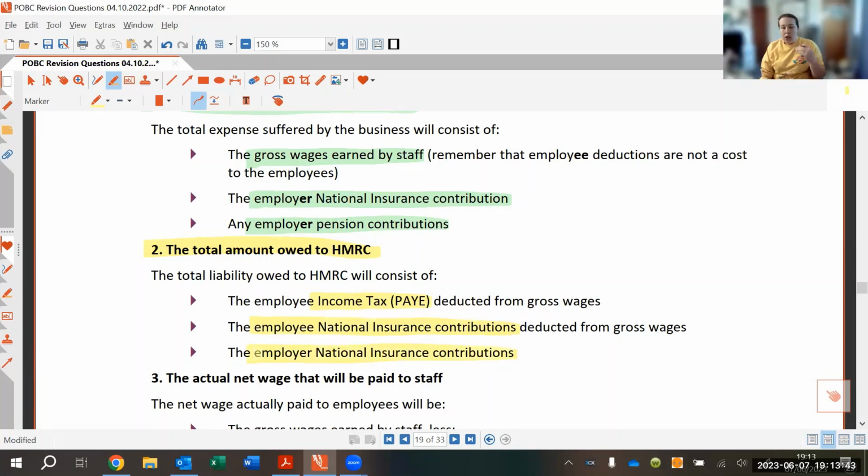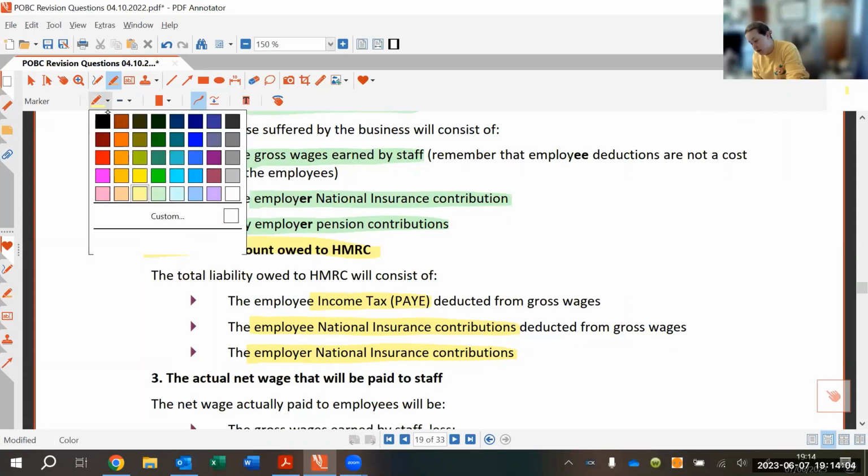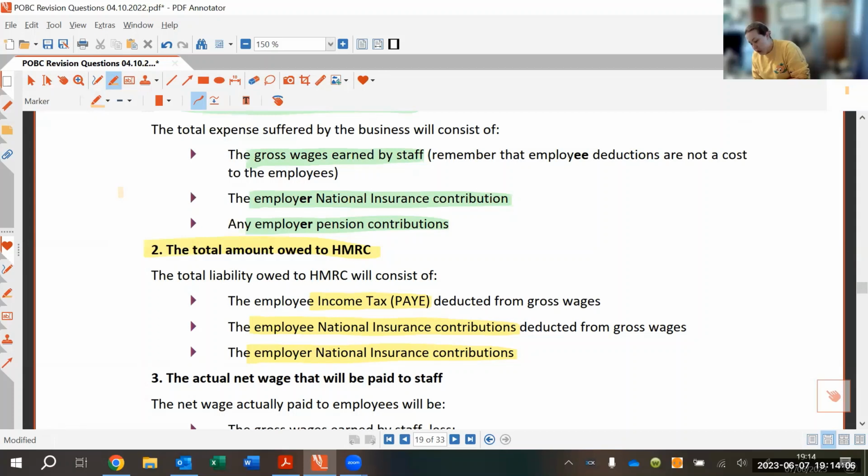So the thing with these figures is you may be using one of the amounts that you're given in the table more than once. It's not a case that you can say, oh, I've used that already, tick it off, I'm not going to use it again. As you can see here, we're using the employer's national insurance in the expense of the business, and then also the amount that's going to HMRC.